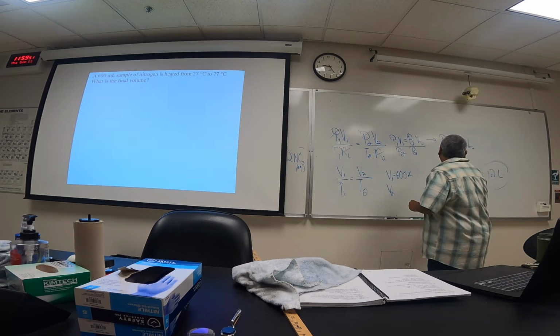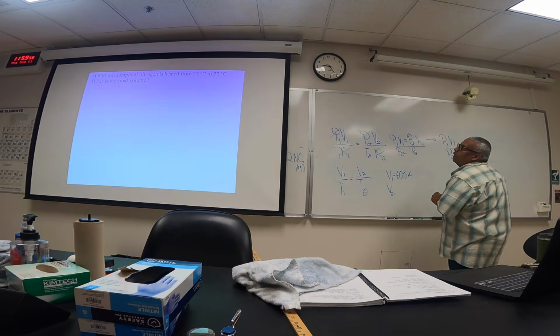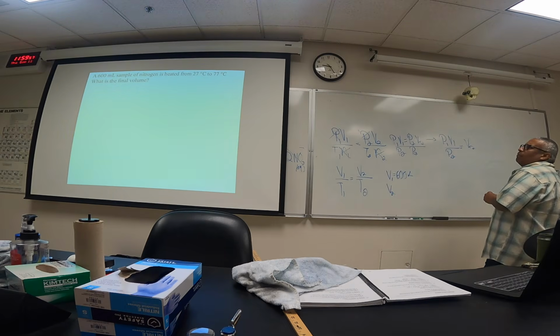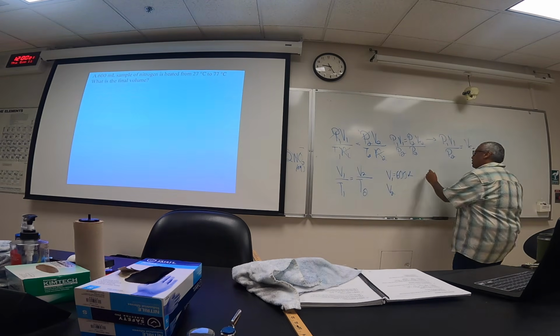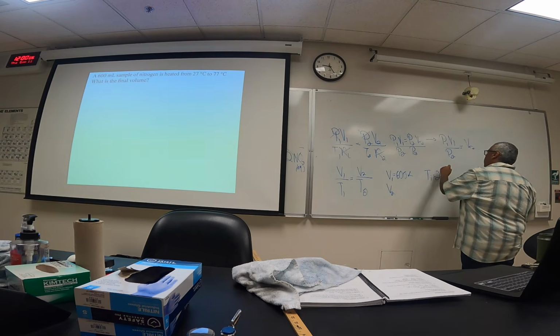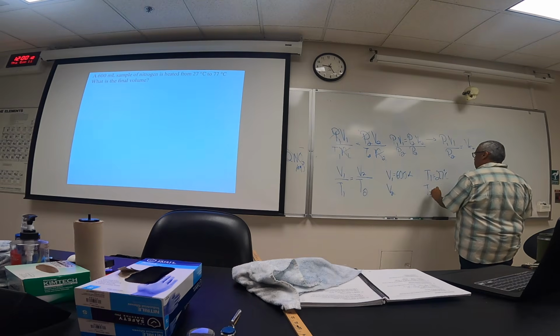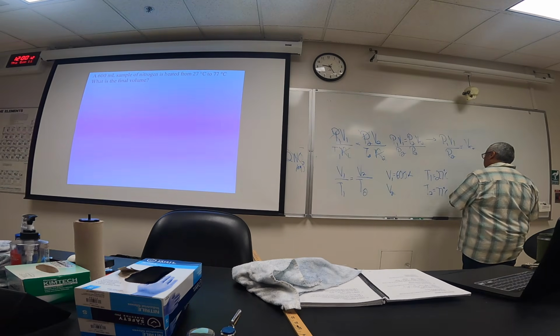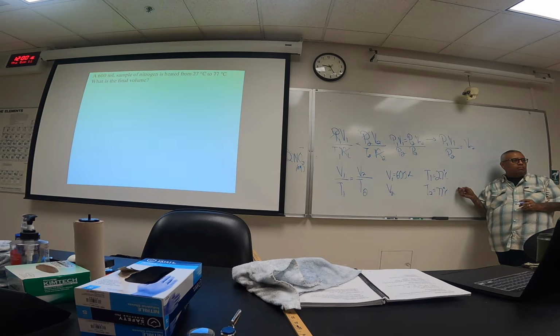And let's get our temperature here. It goes from 27 degrees. So I start at 27 and I end at 77. What's my initial temperature? 27 degrees Celsius. And our final temperature, 77 degrees Celsius. This has to be in Kelvin.